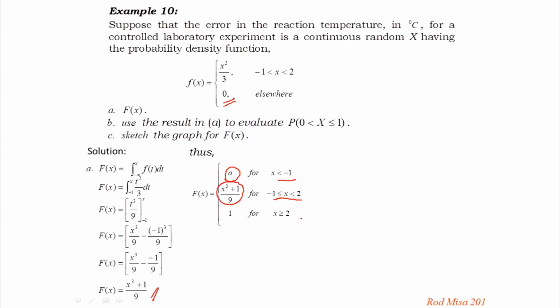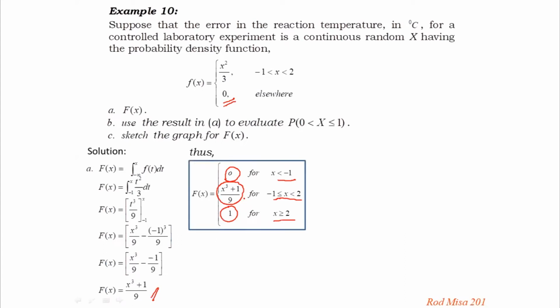And when your random variable is to the right of the domain, the probability is 1 because that is already elsewhere in the domain. And that is how to write the cumulative distribution function given a probability density function.